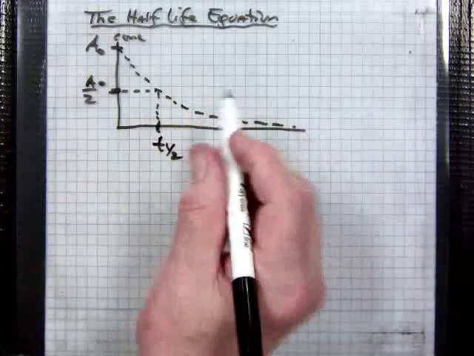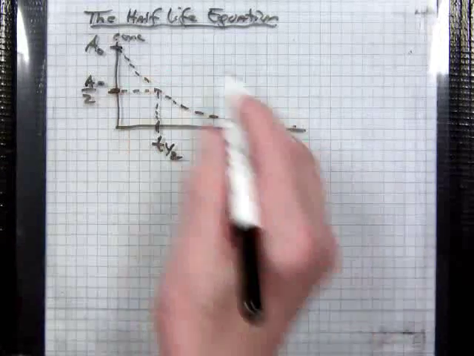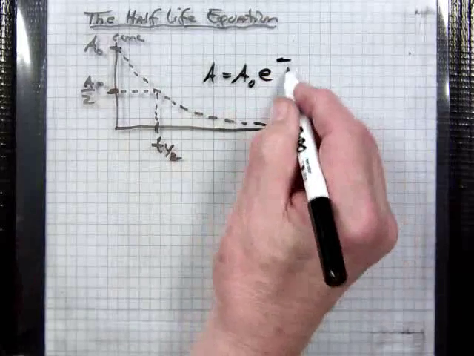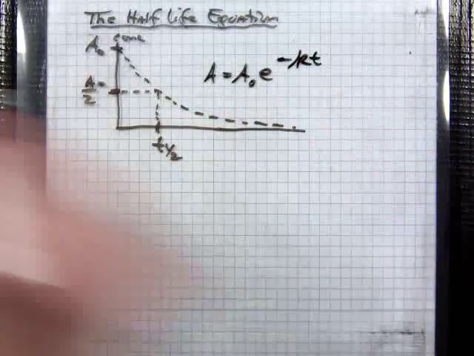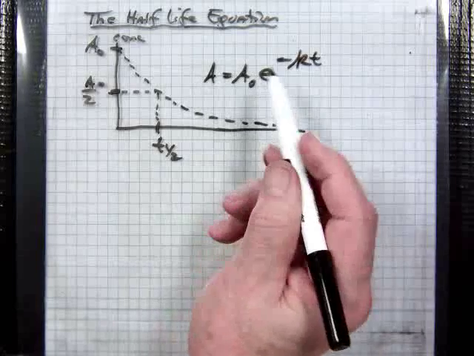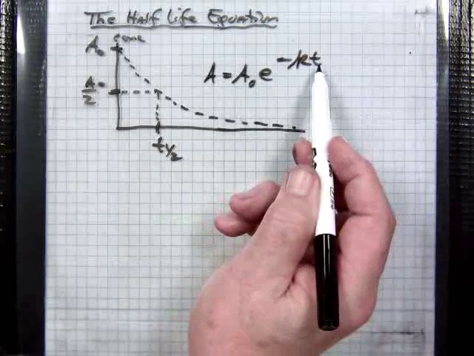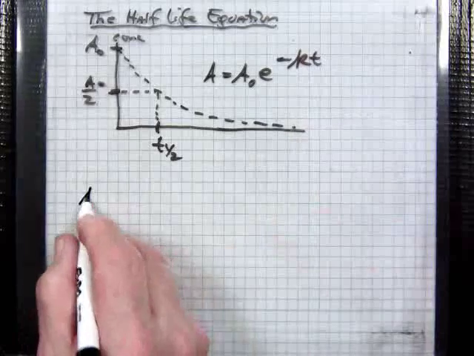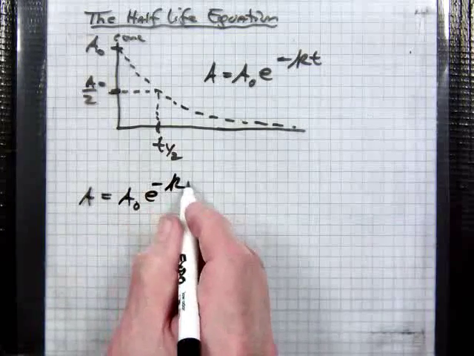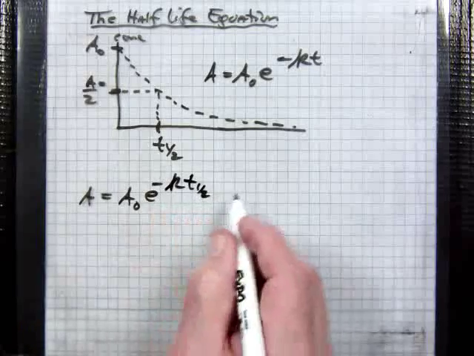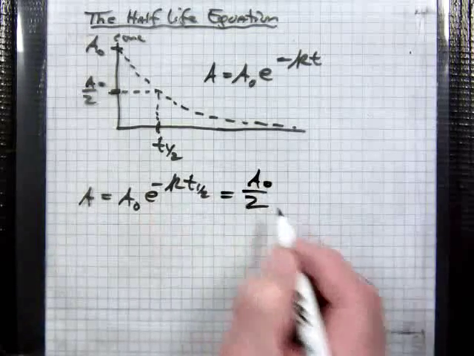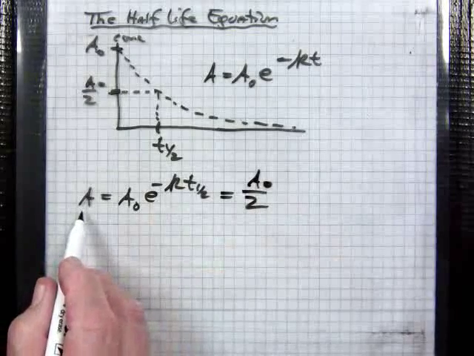Now the equation, or the curve, is defined by A equals A naught e to the minus kt. But what's going to happen is we want to find out what T1/2 is. And so starting with A equals A naught e to the minus kt, then A becomes equal to A naught over 2, because that is the first half-life.